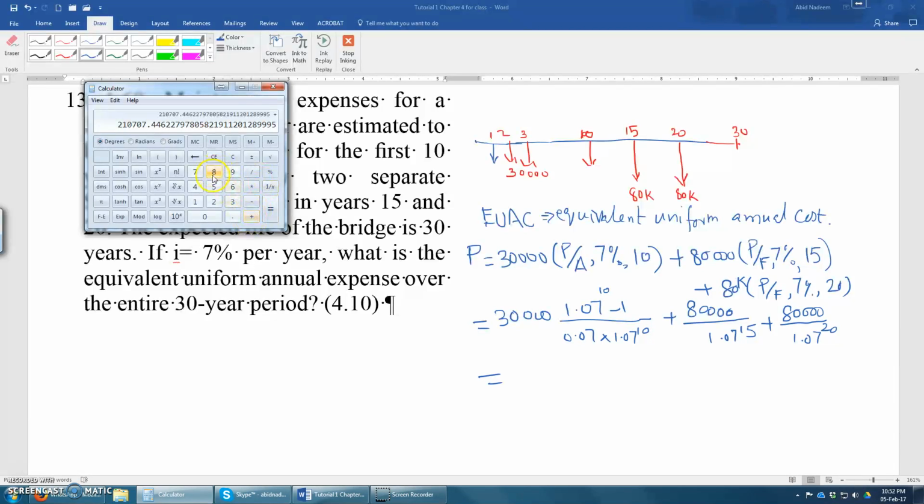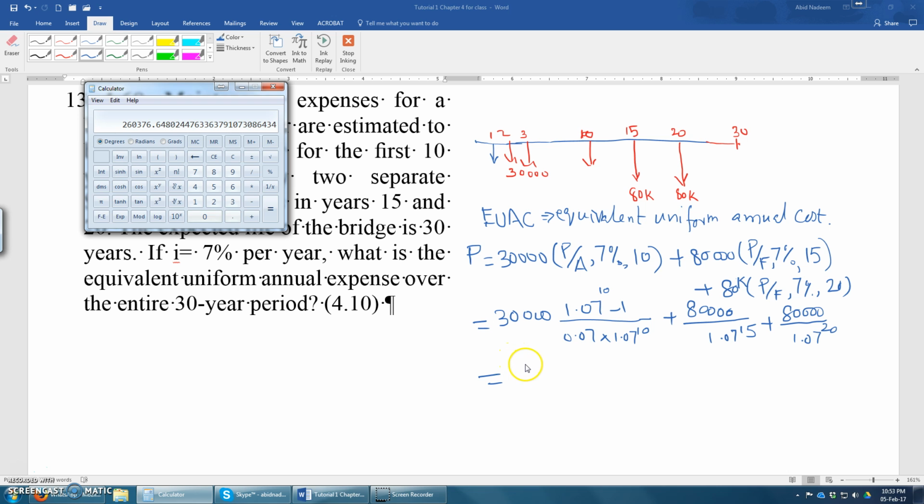Then 80,000 divided by 1.07 power 15, this value, and then 80,000 divided by 1.07 power 20, this value.